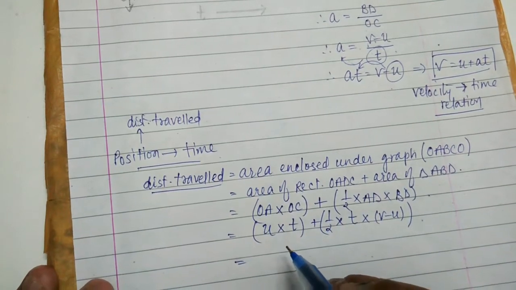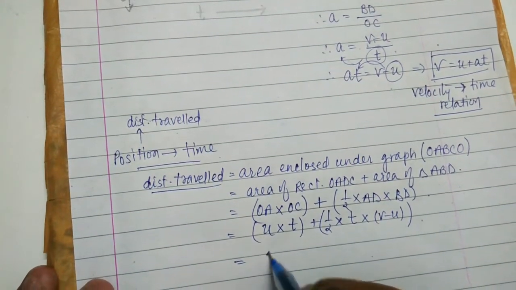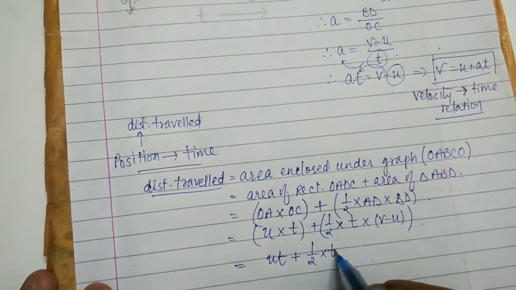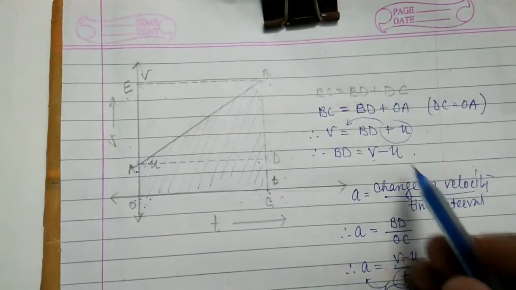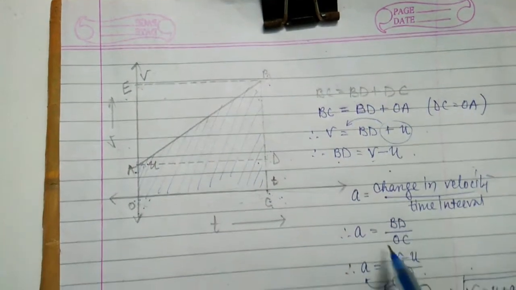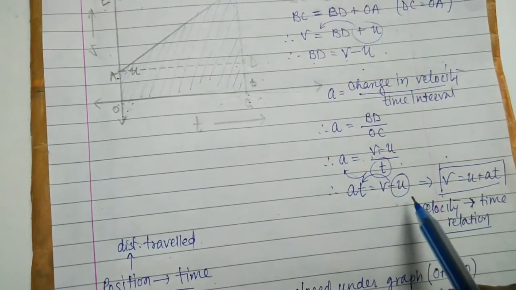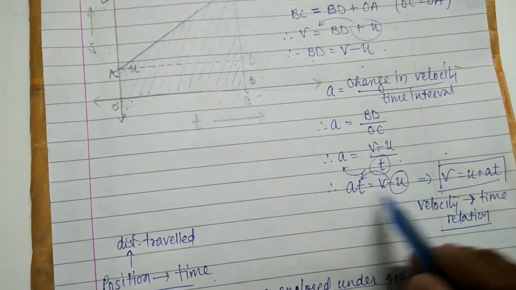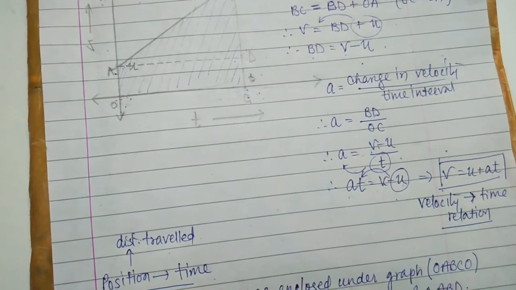Now it is UT plus, now V minus U is equal to AT.